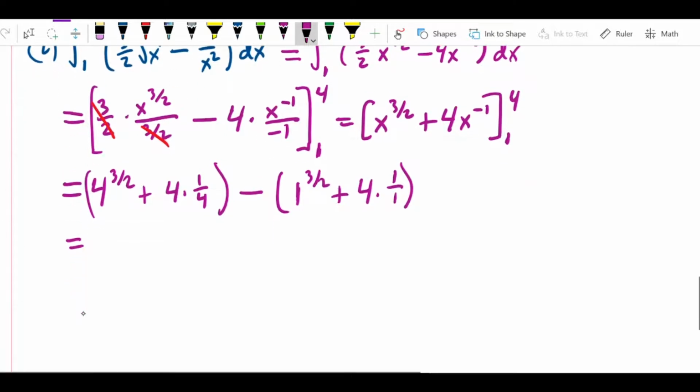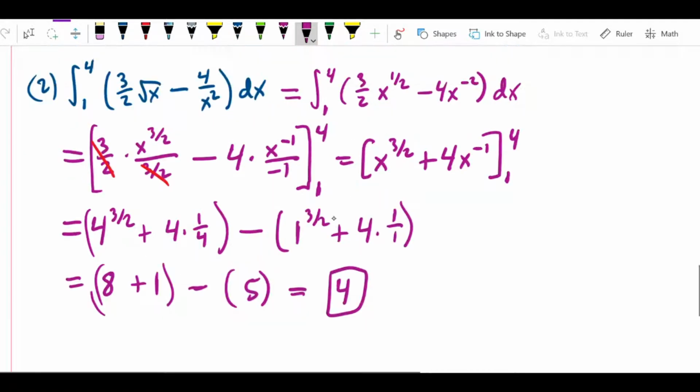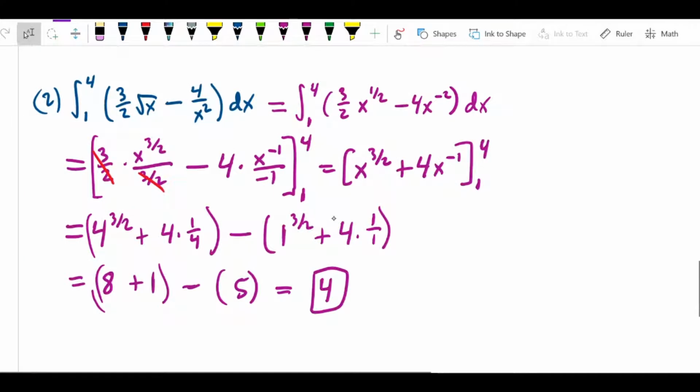And I'll just do a little simplification here. 4 to the 3/2 is 8, plus 1. And then we have minus 1 plus 4, so that's going to be minus 5, so I have 9 minus 5, and the answer is 4. So that's the value of that definite integral.